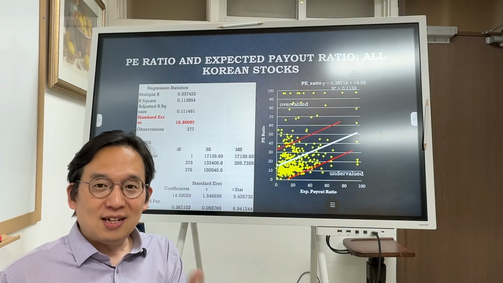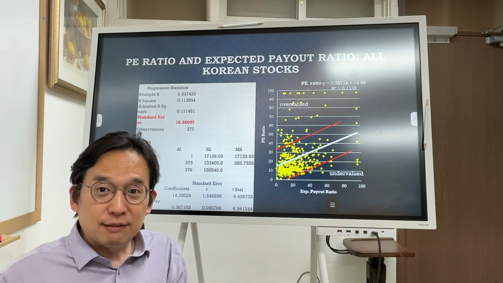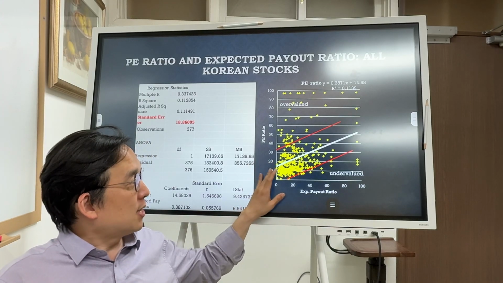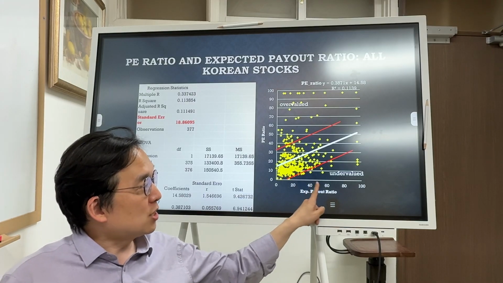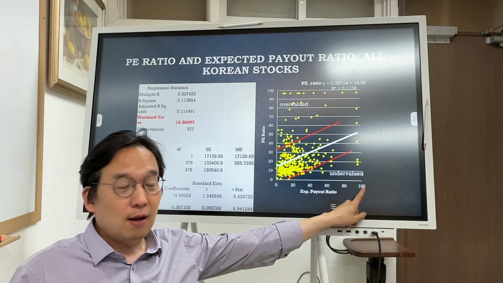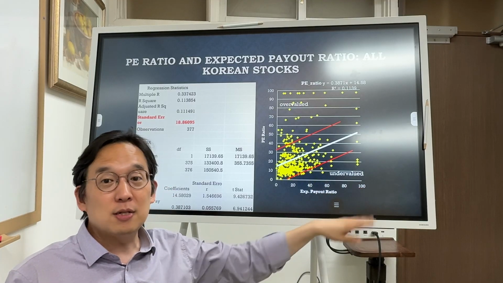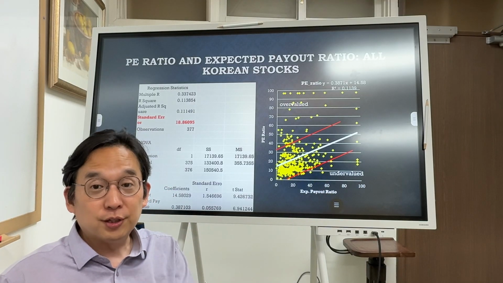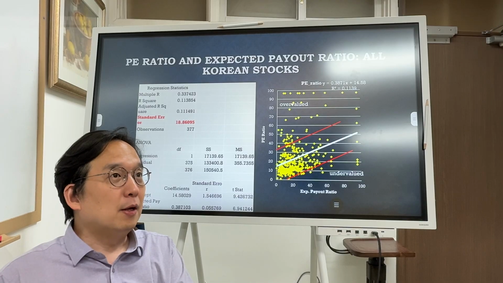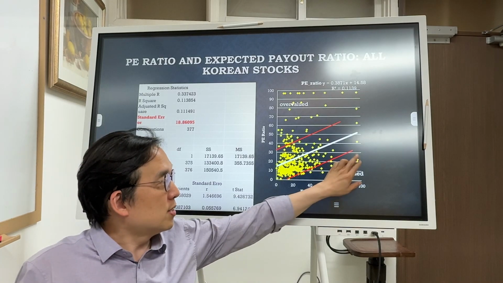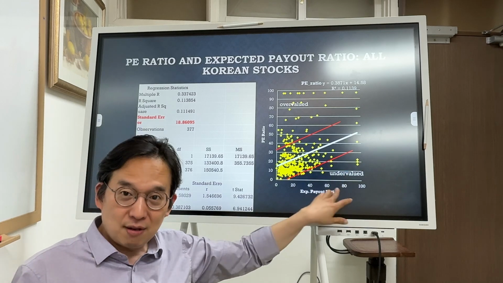A good company is not necessarily a good stock to invest in. Okay, for example, the companies that have strong fundamentals. Well, those are strong fundamental companies. They are good companies, but good stocks are the ones below the standard error line.